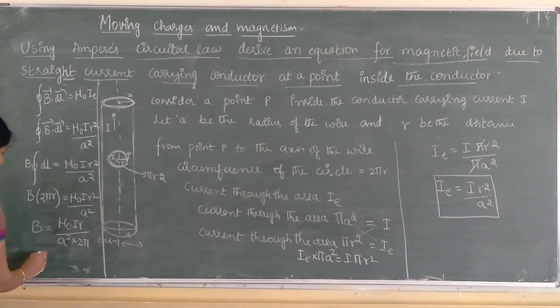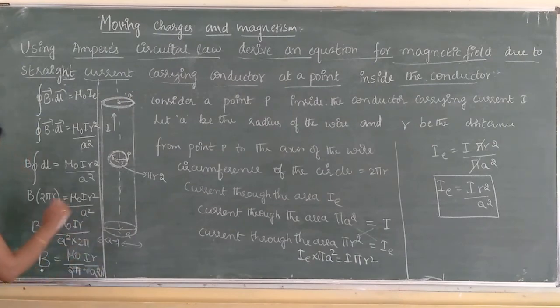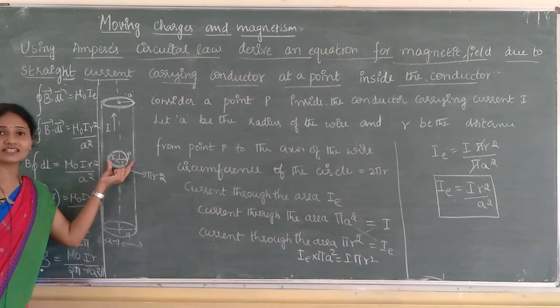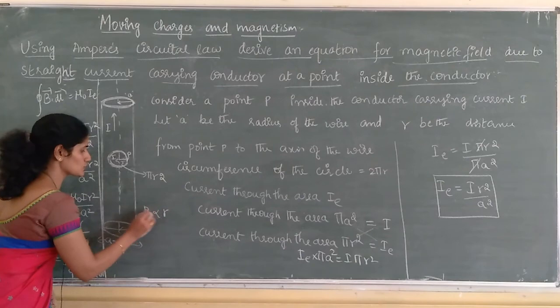So, we get B is equal to mu naught I r divided by 2 pi a square. This is the expression for the magnitude of the magnetic field at a point P inside the conductor. From this equation, we can say that B is directly proportional to r.